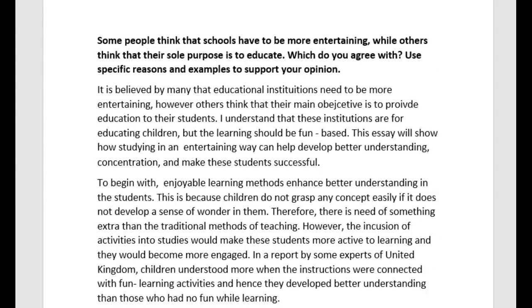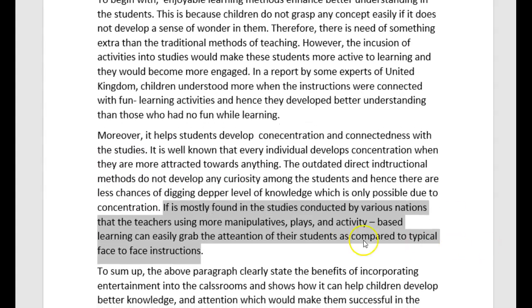Amusing, fun, funny, lighthearted, okay? You did talk about that here. I felt like you were on topic. Enjoyable learning methods, fun activities, fun learning activities. Said it again, okay? So that was all right. But here, you were really talking about curiosity and concentration, connectedness, which I didn't feel you connected back to this idea of entertainment.